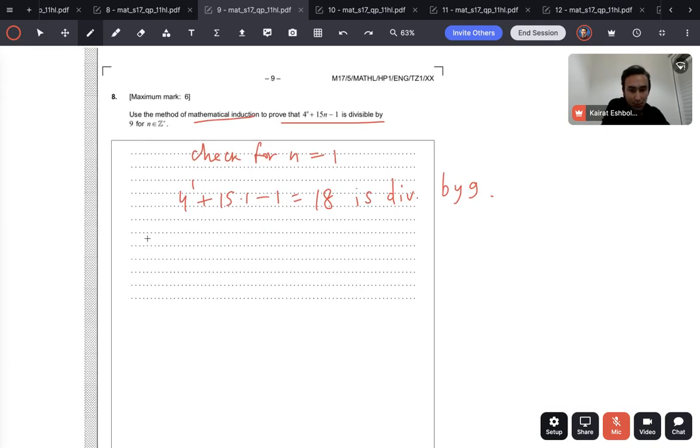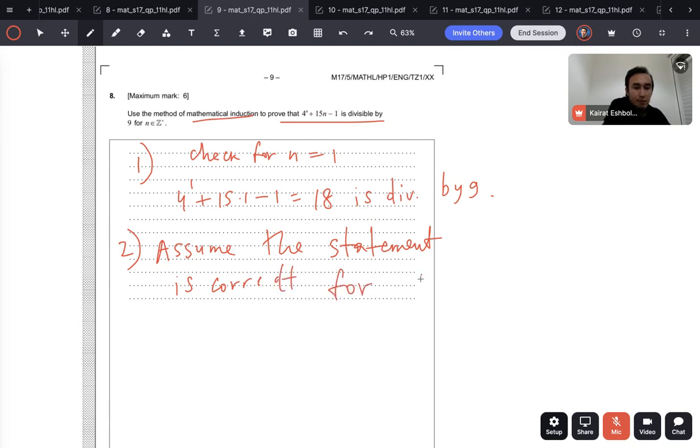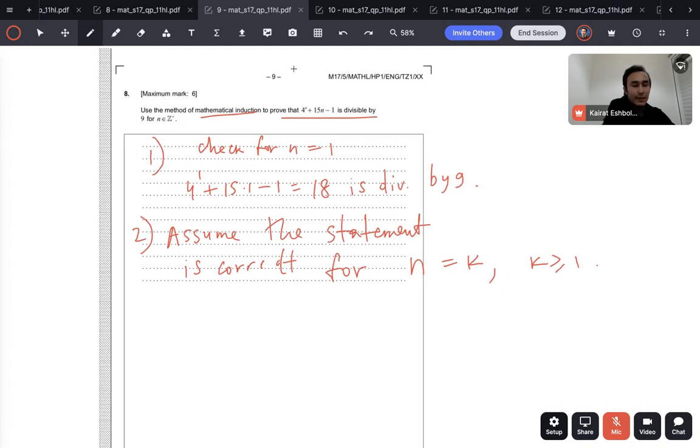That's the first step. The second step is to assume the statement is correct for some number, for n is equal to k, where k is larger than or equal to 1. Some number like 10, 12, 15, 100,000. Then we use that number k and extend by 1 to k plus 1.